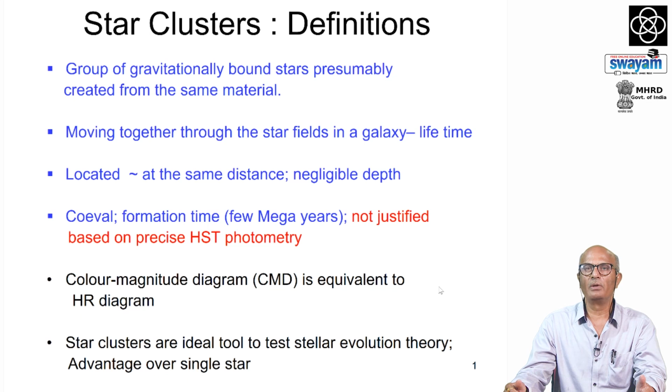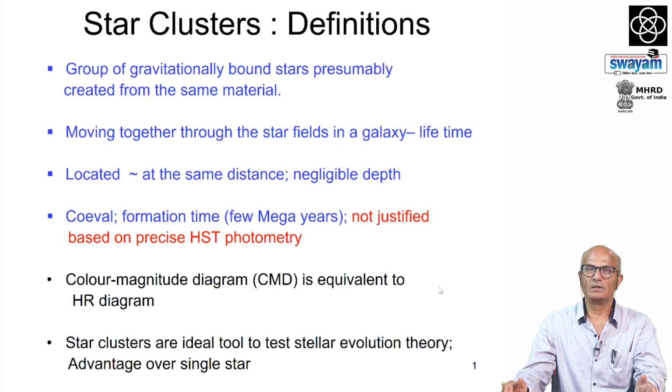During the star formation process, although it takes a few mega years, if we talk about some compact objects which are known as globular clusters, whose ages are more than 10 giga years, then a few years ago or a decade ago, it was believed that all of them were formed in one epoch.